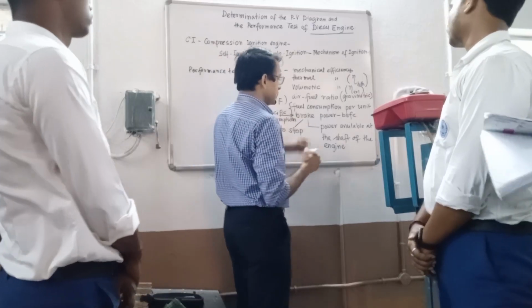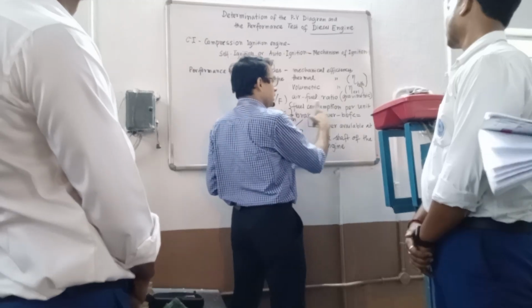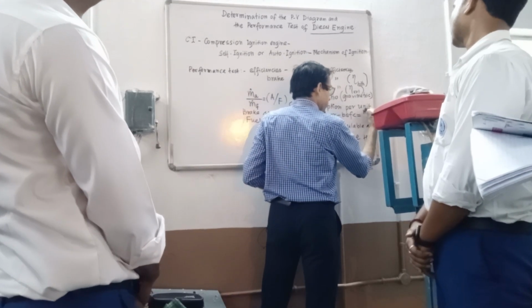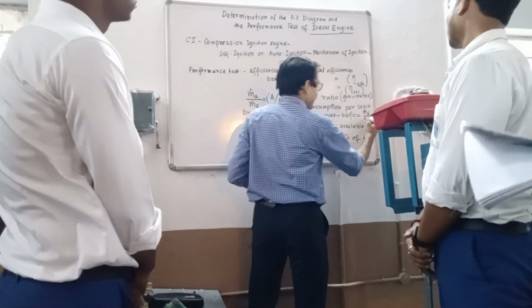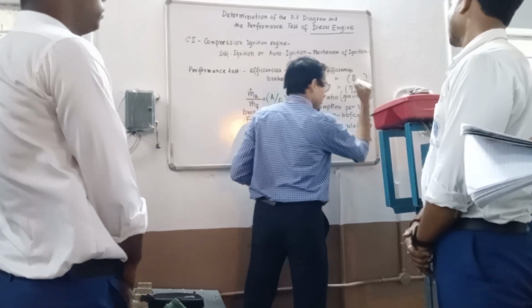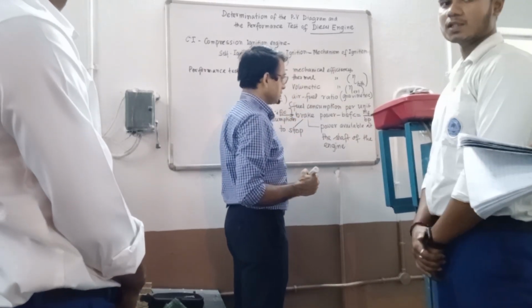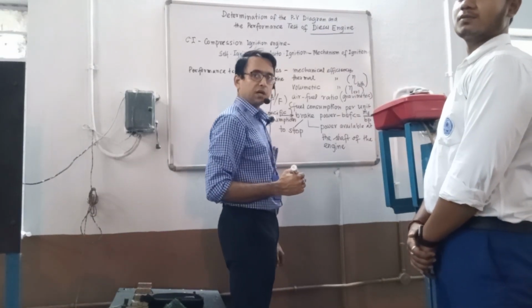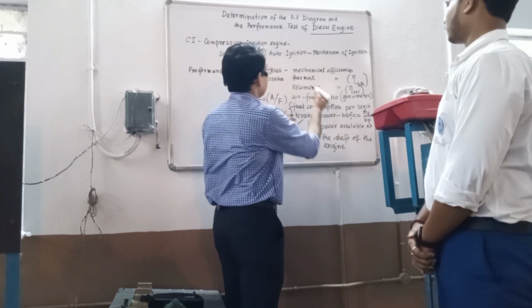Okay, so that is brake specific fuel consumption. So what I have written, fuel consumption per unit brake power, that means mass flow rate of fuel divided by brake power, BP. Okay, so BP, that is brake power.